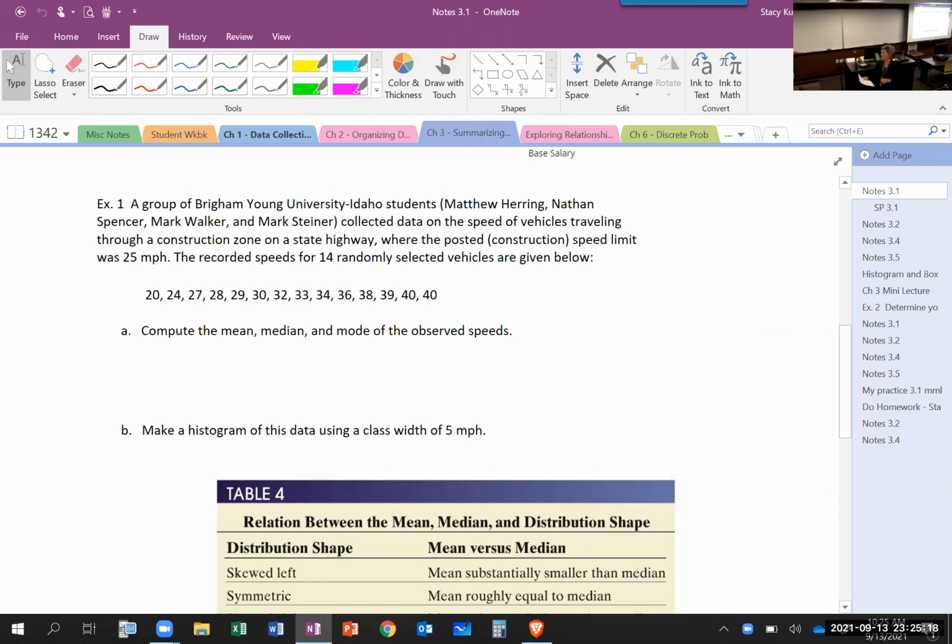I want you, on your paper, to compute the mean, the median, and the mode. Do that for me, and we'll go over those answers. This is an example of what I would ask you to do by hand on a test.